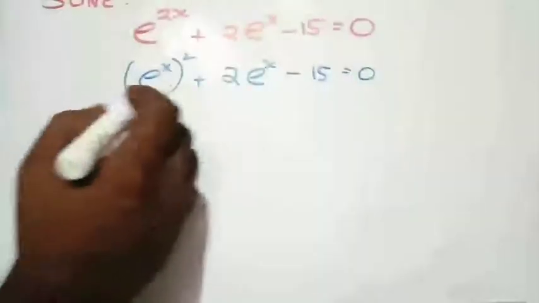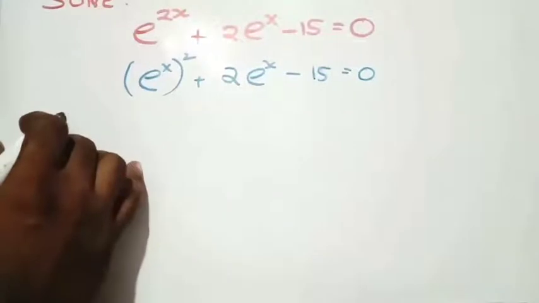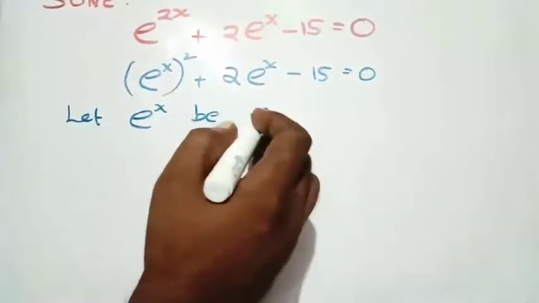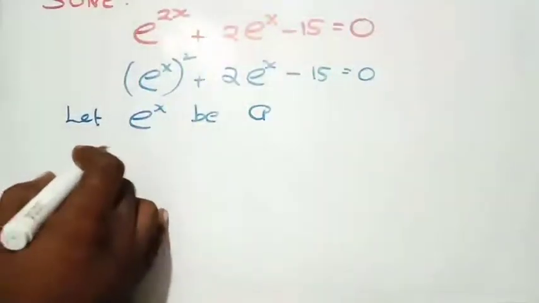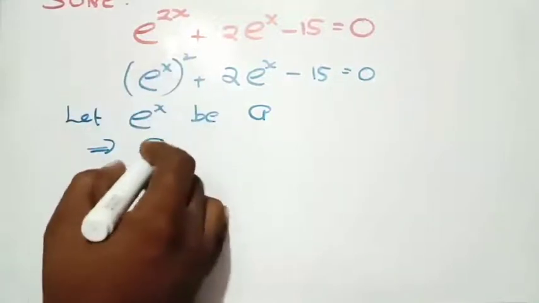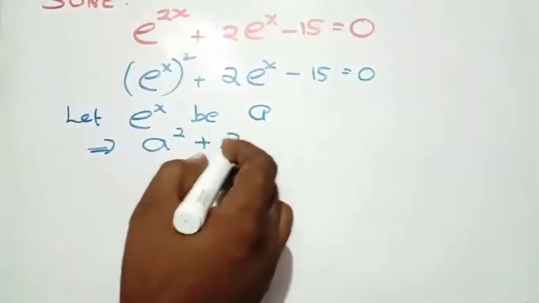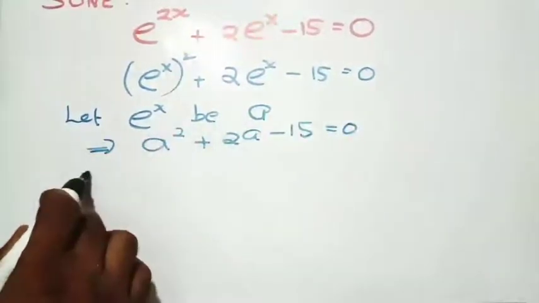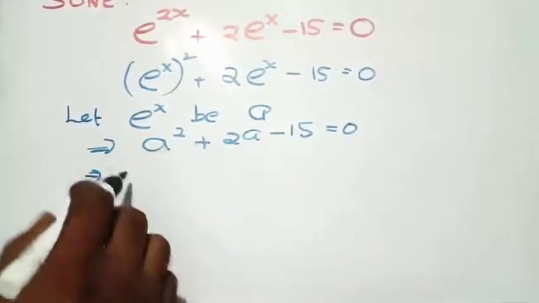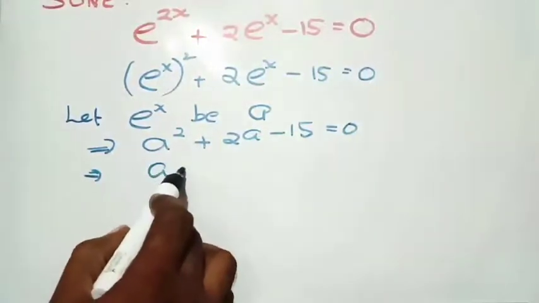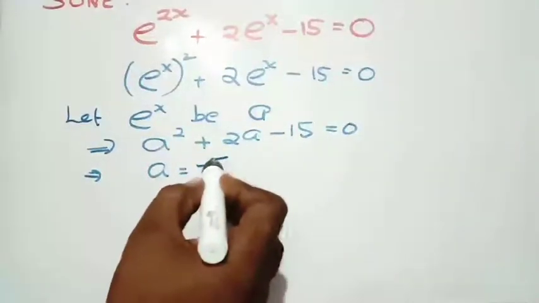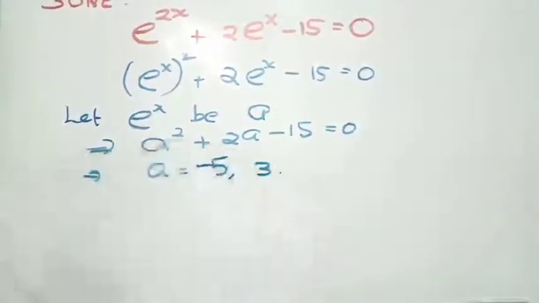So in that case, let us assume e raised to x as a. That implies a squared plus 2a minus 15 is equal to 0. With the help of this quadratic equation, let's find the values of a as minus 5 and 3.